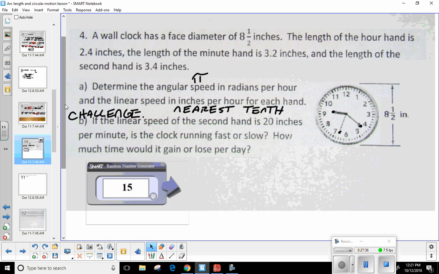Yes. But everything else is correct so far. Now remember, for the angular velocity, we're going to leave it in terms of pi, no decimal. For the linear velocity, we're going to take the decimal to the nearest tenth, 1 decimal place. Whenever that guy comes back with the fast pass, can I go? Sure.